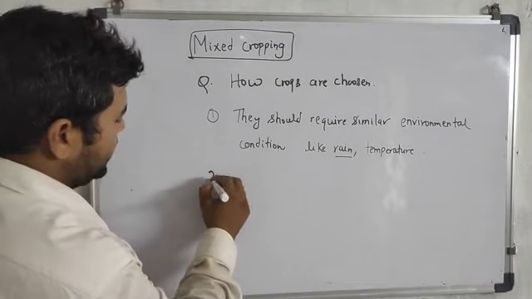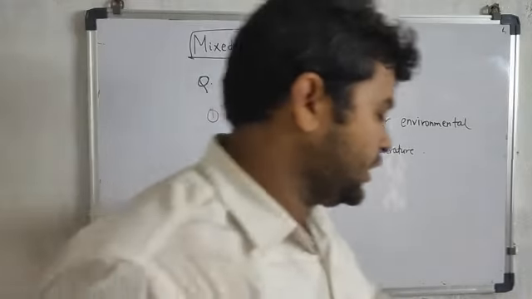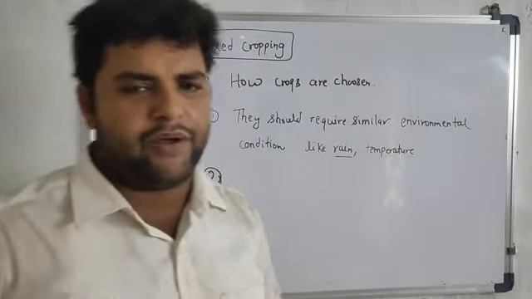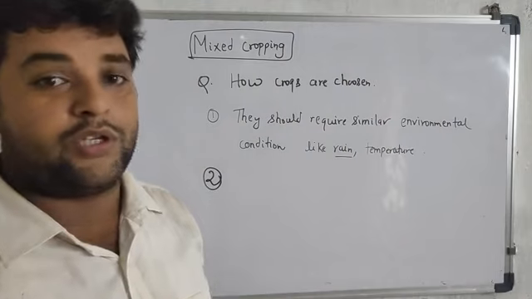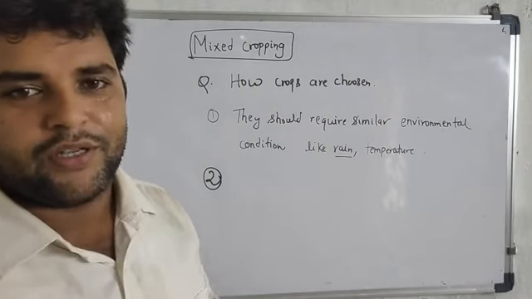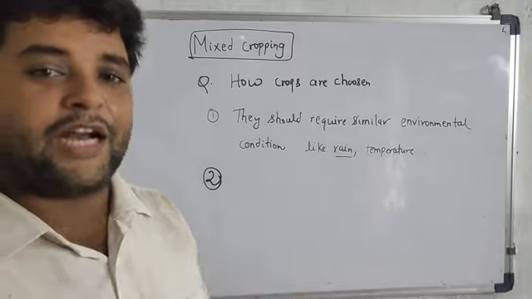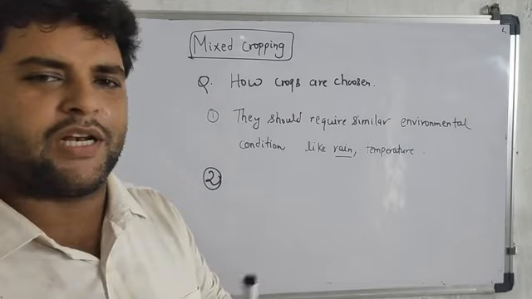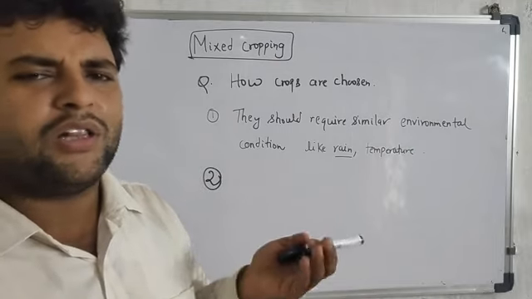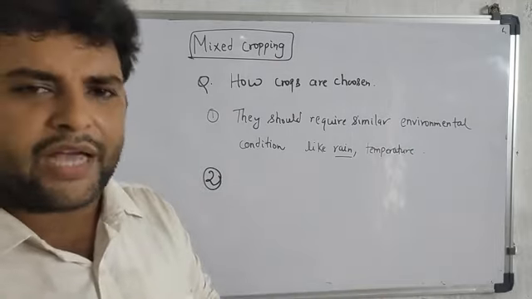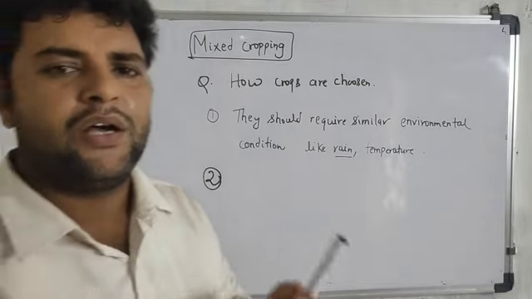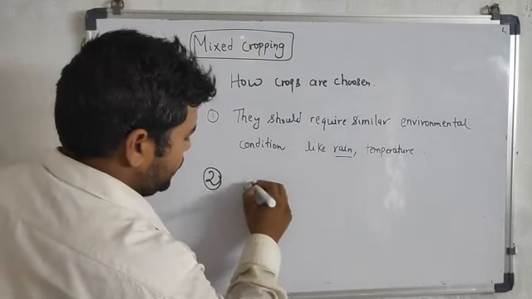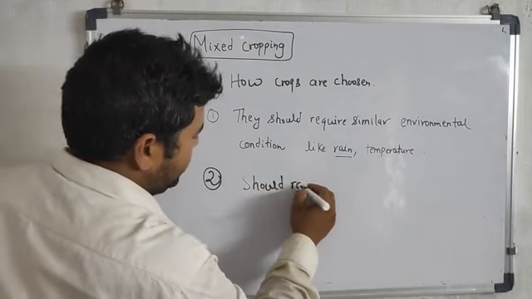Now the second thing we are going to discuss: they should require different nutrients. As I have already discussed, nitrogen is usually taken by the wheat, and nitrogen is supplied by the mustard. So the nutrient requirement is different, so that all the nutrients of the soil can be used by the crops in a proper manner.